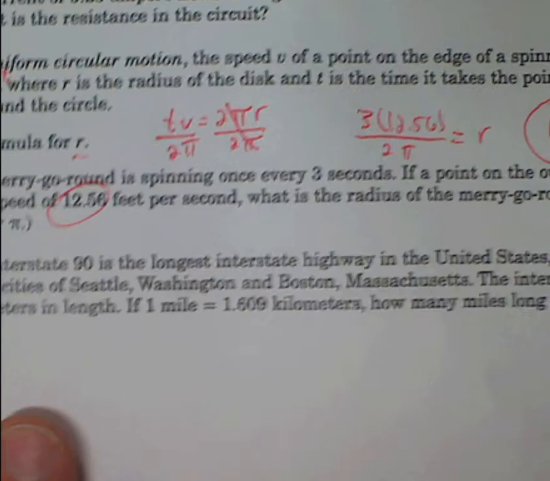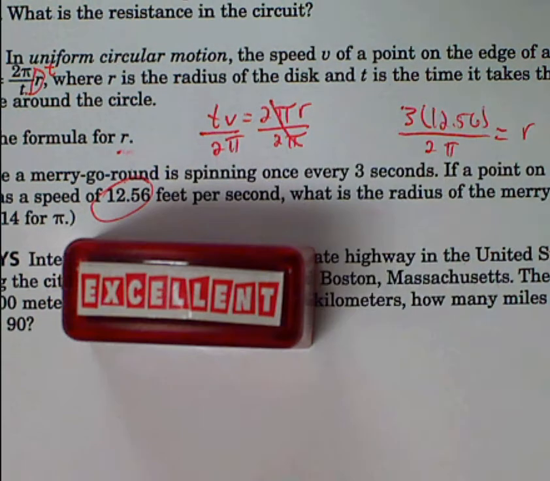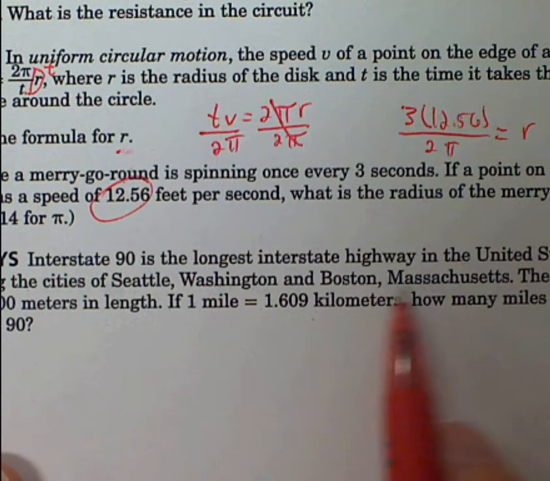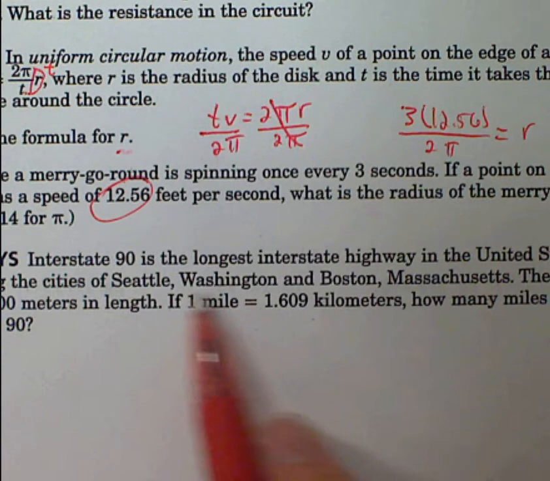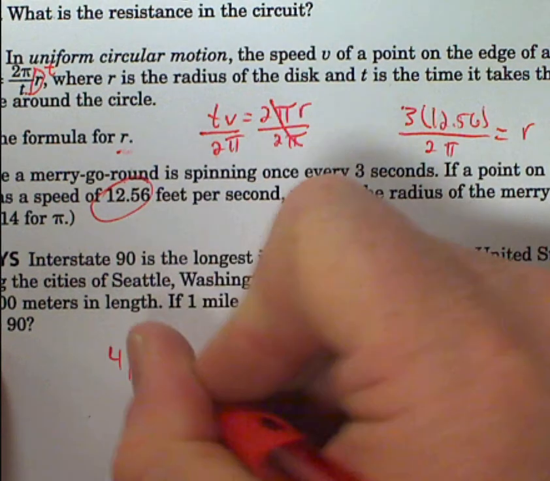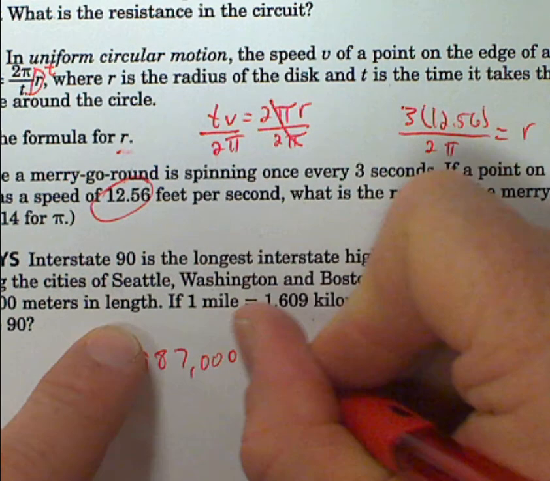Number 17. So it says Interstate 90. Go ahead and pause the video and try. Interstate 90 is the longest interstate highway in the United States. It says 4,987,000 meters.